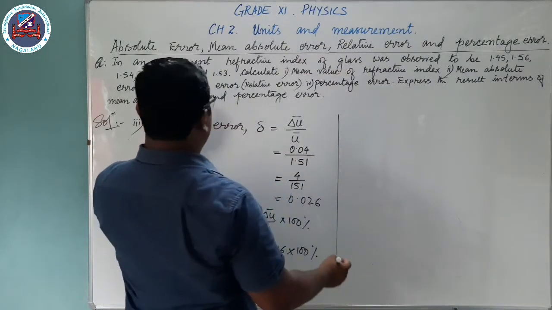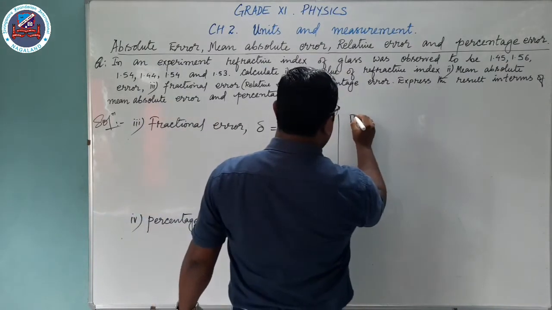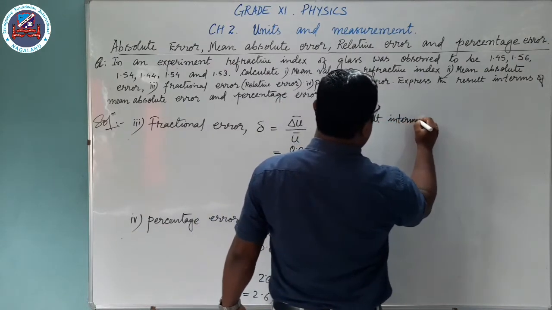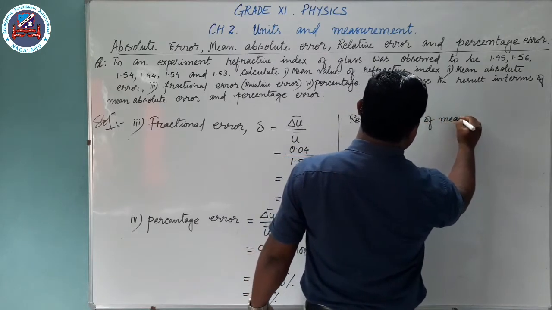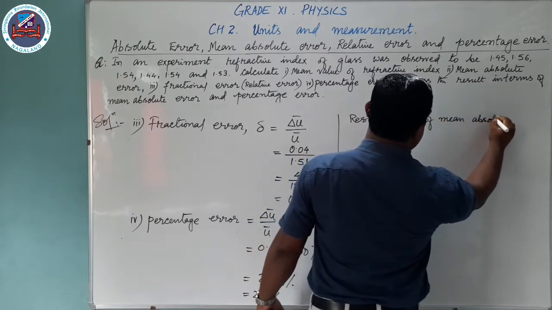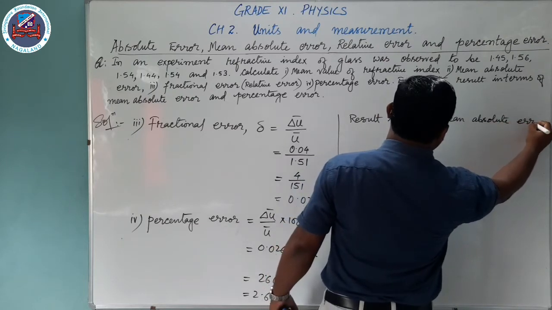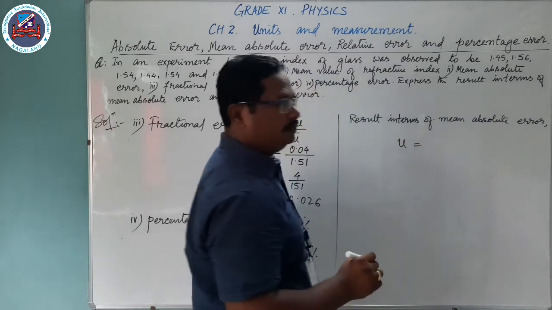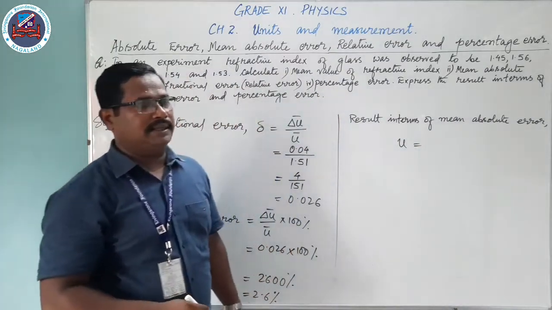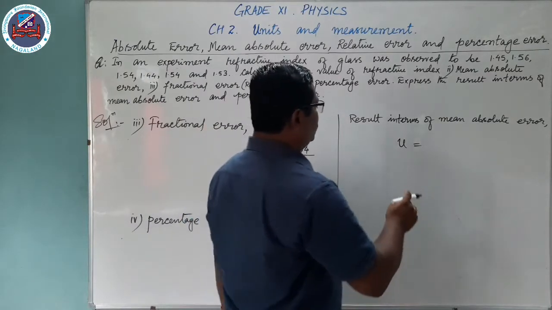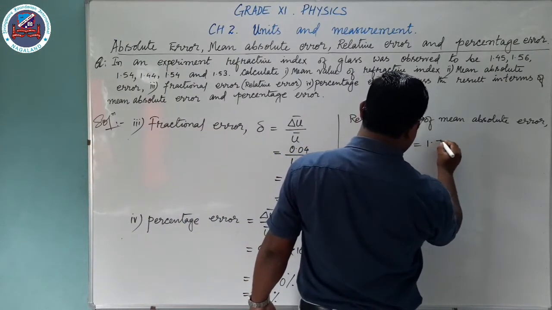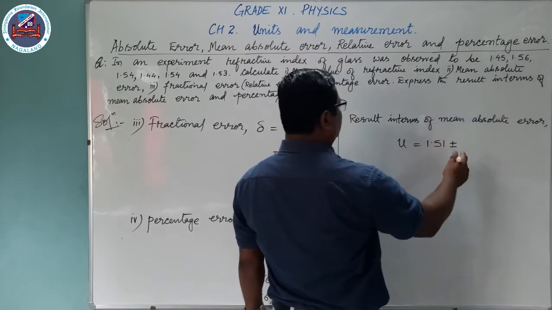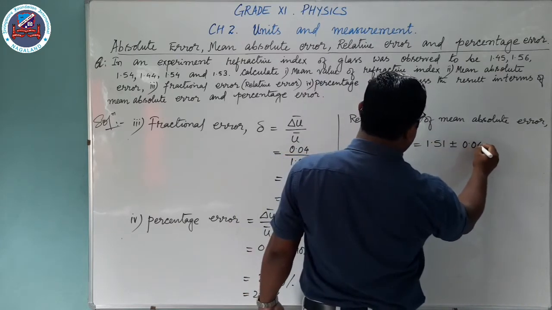To express the result in terms of mean absolute error, you write U is equal to, we have chosen the letter U for refractive index, the mean value 1.51, plus or minus, and then the mean absolute error value you write down, 0.04.